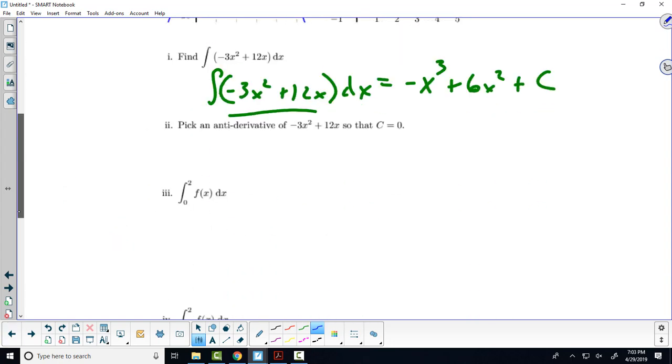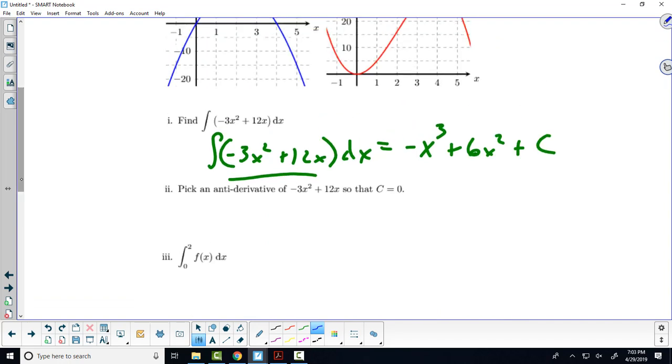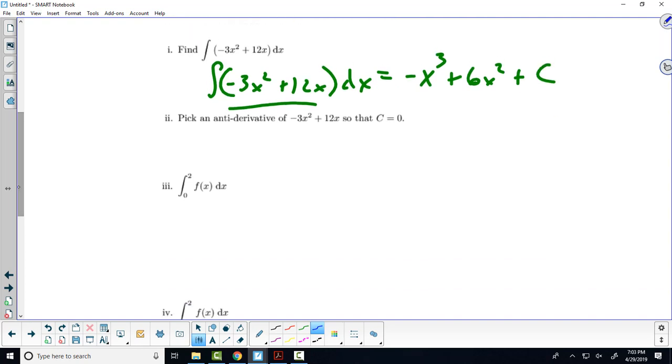So, we just gave the family of functions that satisfies the criteria that their derivative is negative 3x squared plus 12x. Then I said pick an antiderivative so that the c is equal to 0. So let's just say that. That'd be x cubed plus 6x squared.